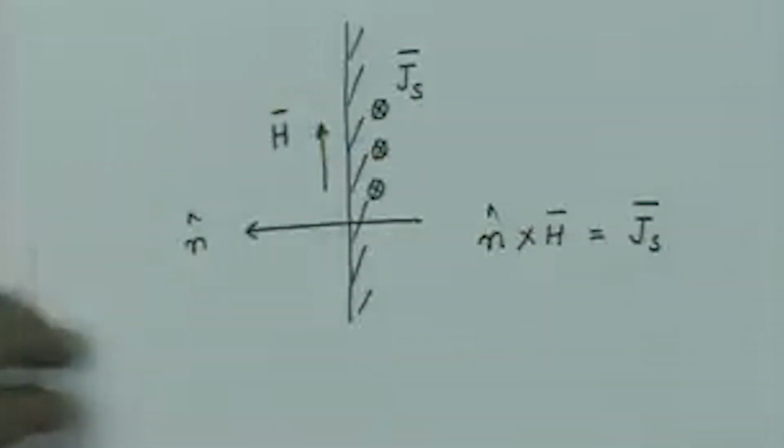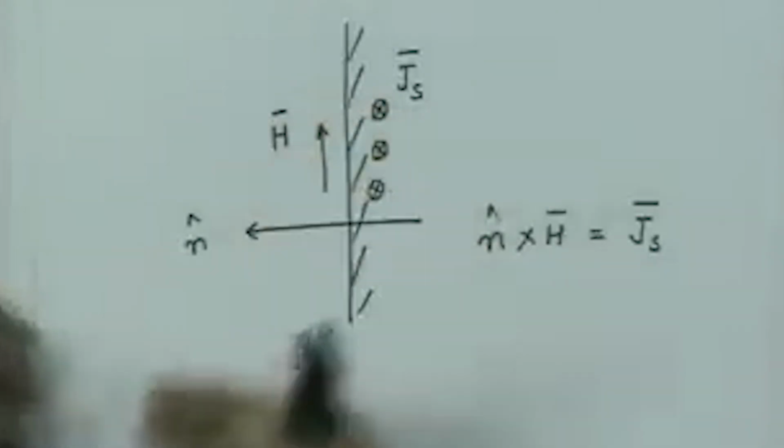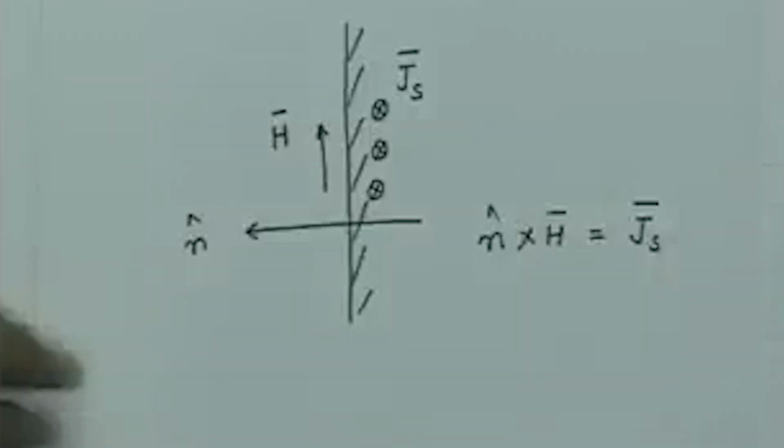We can find the same thing by an alternative approach, and that is the wave approach. What we argue is that if there is an electric and magnetic field on the surface of a conductor, they essentially form a wave going in the z direction.